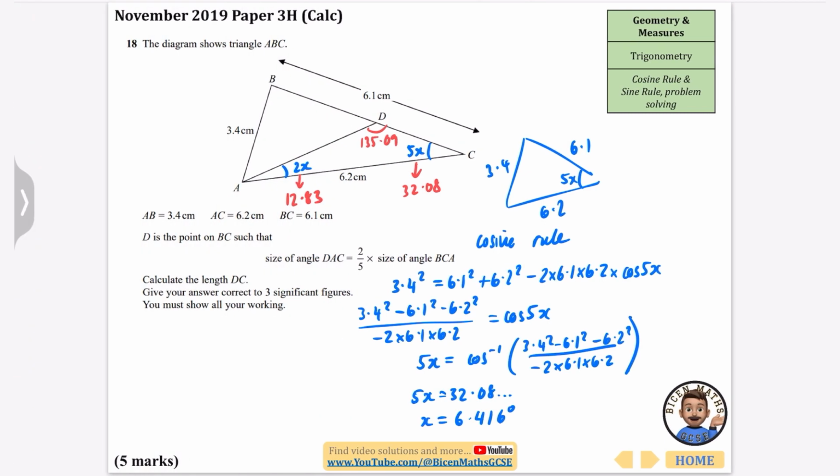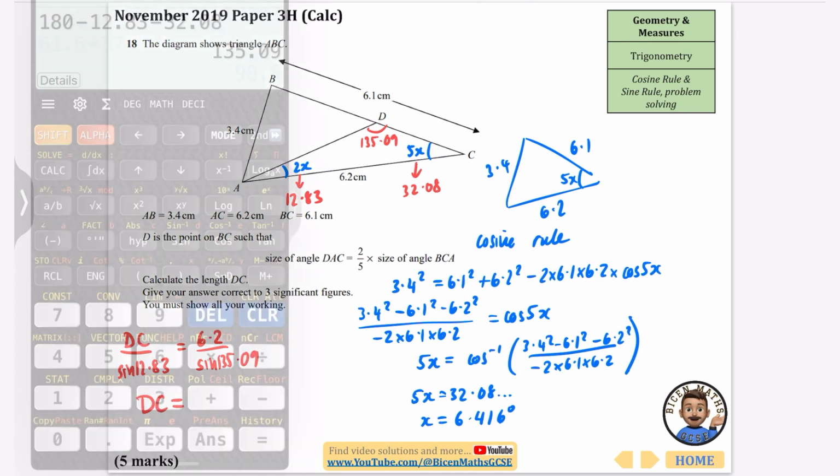And now I'm going to find out what the length of DC is. So DC divided by the sine of 12.83 is equal to, I can say this length, because I know this one, divided by the sine of that. So that is going to be 6.2 divided by the sine of 135.09. And I'm actually just going to put this all in my calculator to save us a bit of time.